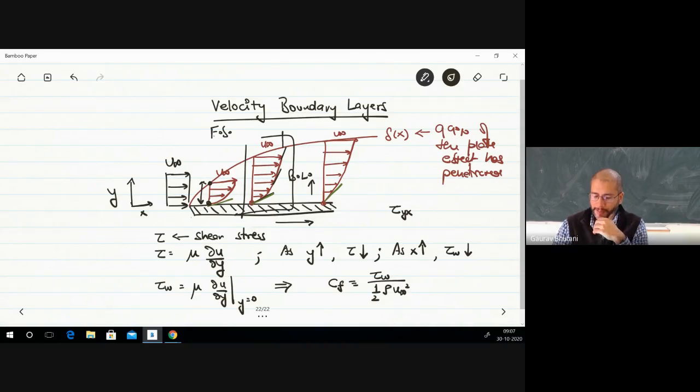Further away from the leading edge, your fluid again has to go from u equal to zero to u equal to u infinity, but the length available is very long. So it can slowly go from zero to u infinity, and that slope is going to be much more gentle. Is that clear?